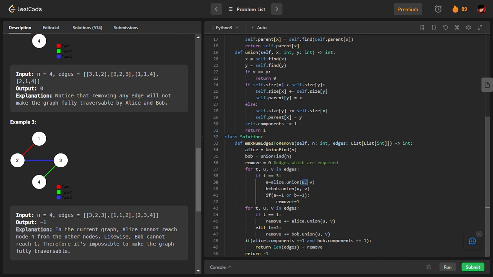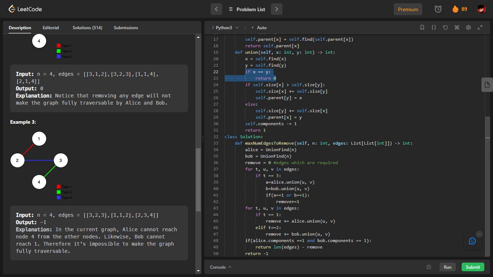If U and V have the same representative, they are already in the same union, and it returns 0. Initially U has representative U and V has representative V, so they will not be the same. If the representatives are not the same, they will be unioned, which means U and V now belong to a single group.